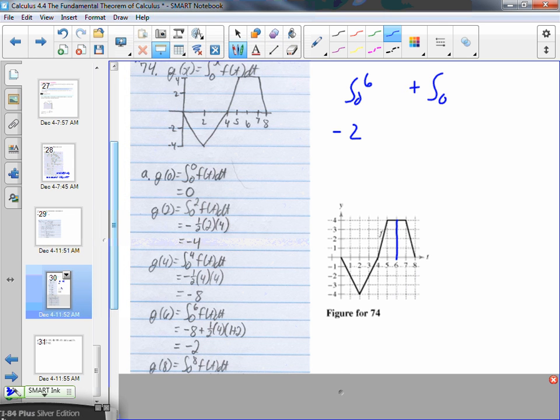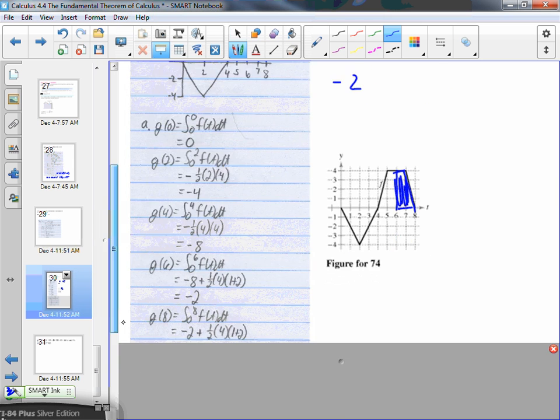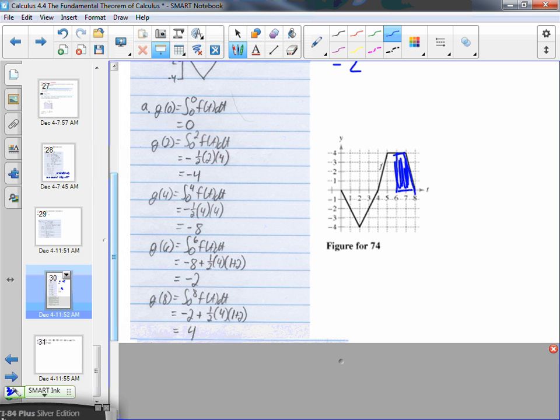So then plus the integral from 6 to 8, and that's the exact same as the trapezoid we just got through doing, right? So if I think of this as the integral from 0 to 6, which is negative 2, plus the integral from 6 to 8, which will be 1/2 times 4 times the quantity 1 plus 2, what do you get? 4.